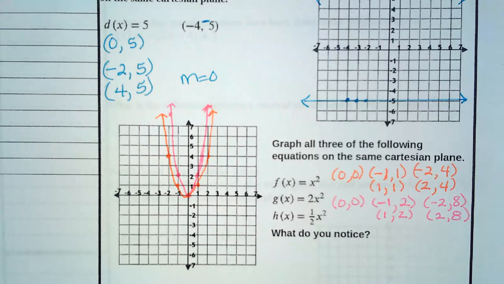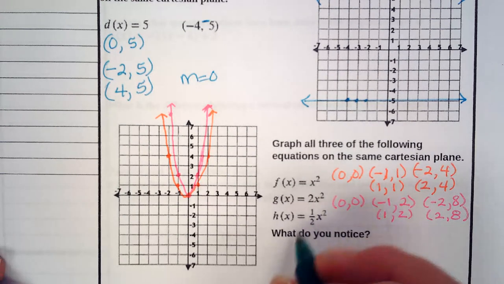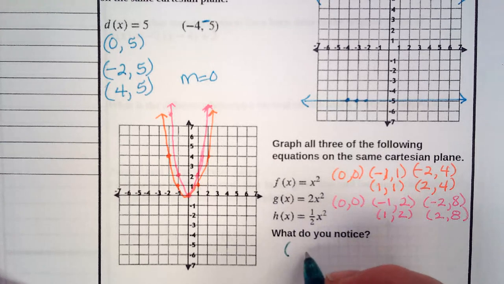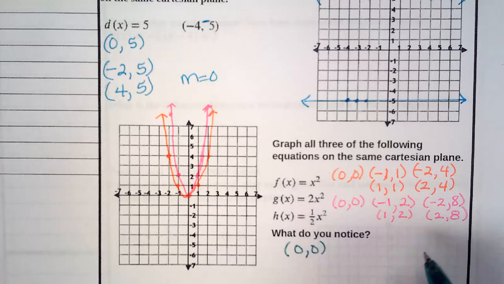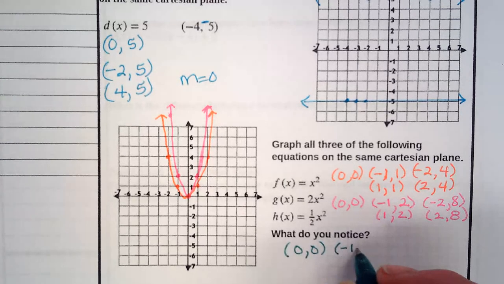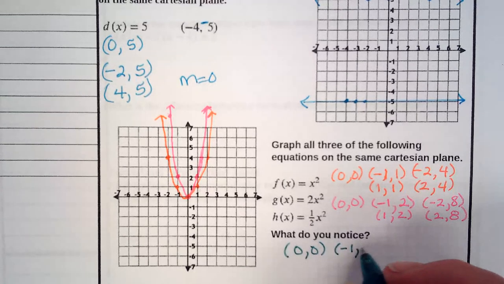Okay, what about if we multiply by 1/2? Okay, when I used 0, 0 squared is 0. 0 times 1/2 is 0, so it's 0, 0. What if I put -1 in there? -1 squared is 1. 1 times 1/2 is 1/2.